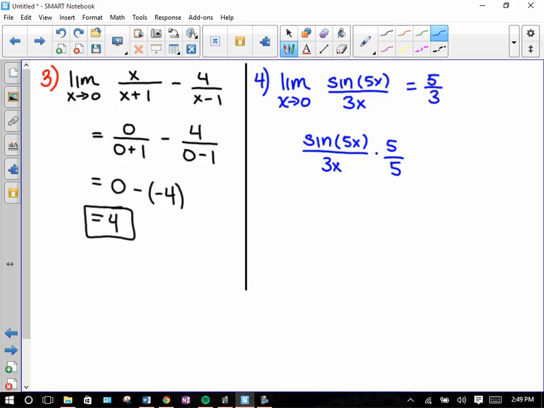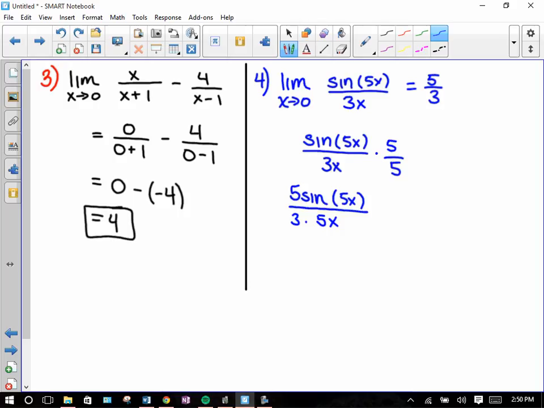That gives me 5 sine of 5x divided by 3 times 5x. All I did is rearrange the order of the multiplication.